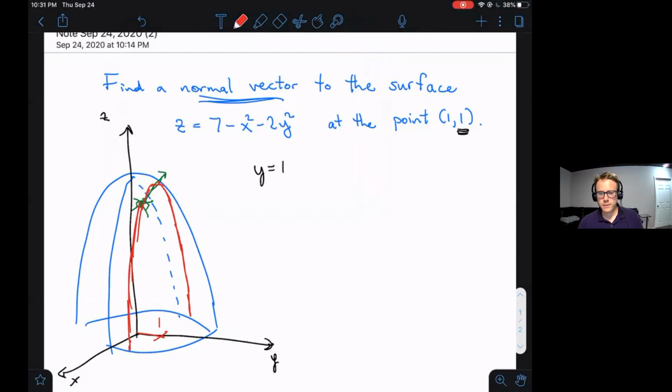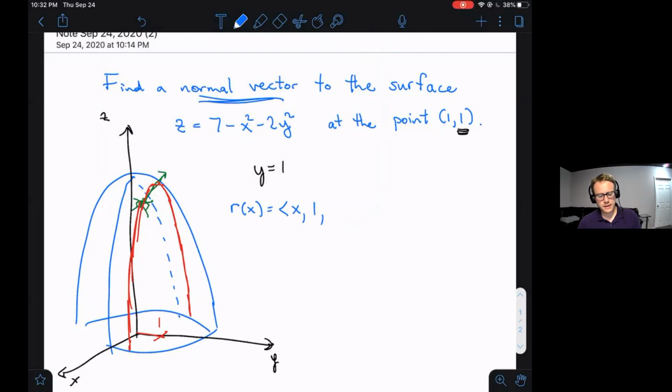And of course, the way that we would do this is that notice that x still can roam free. X is not fixed in this case. It's just y that's being fixed. And so you could think about the parameterization r of x, and we can switch these to t's here in just a second. But x, again, can be whatever it likes. Y is going to be fixed at 1, right?